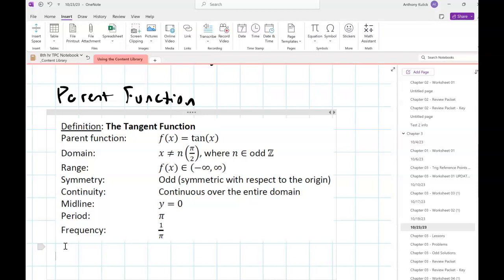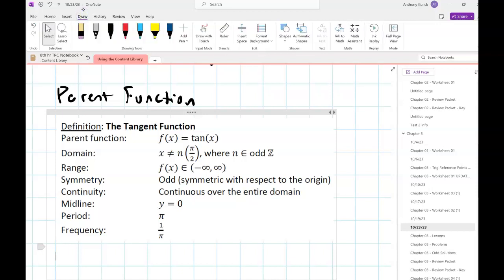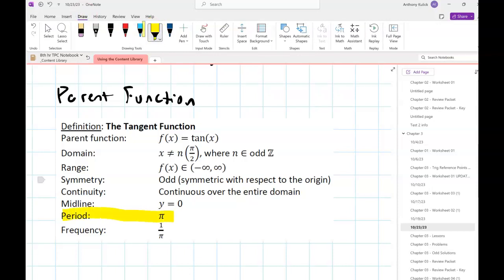Also different than sine and cosine, the range for tangent is all real numbers as opposed to being bounded between negative 1 and positive 1. And the other major difference here is the period. Notice the fundamental period for tangent is pi rather than 2 pi.